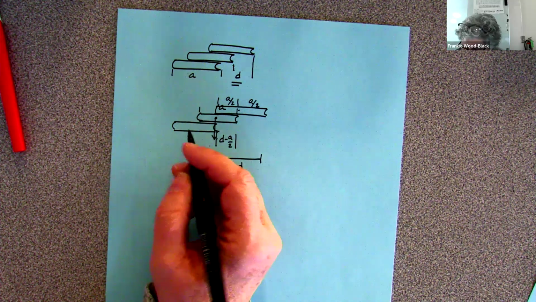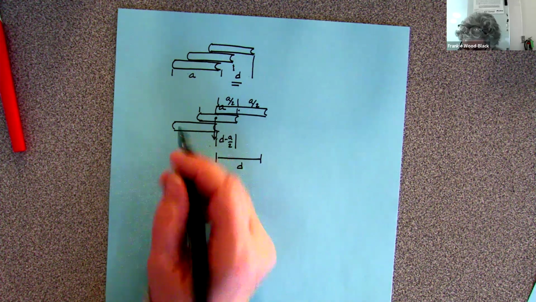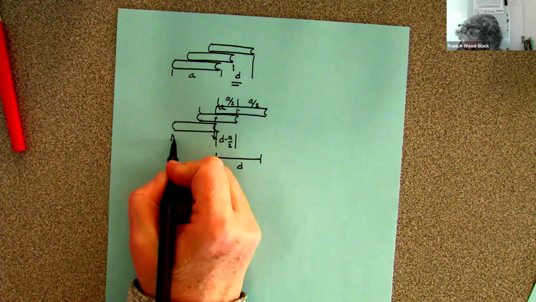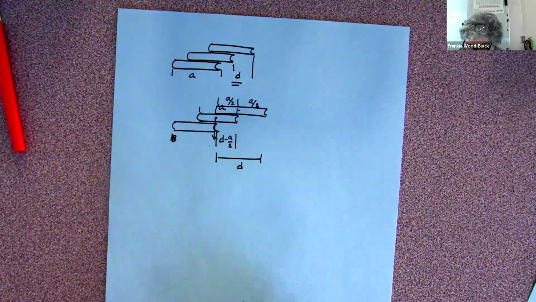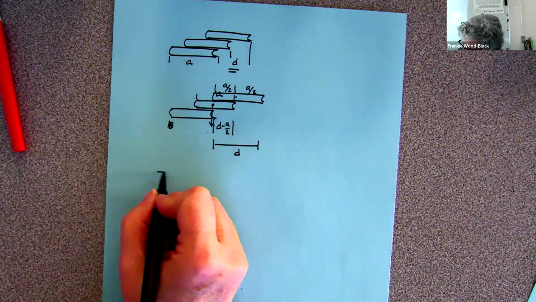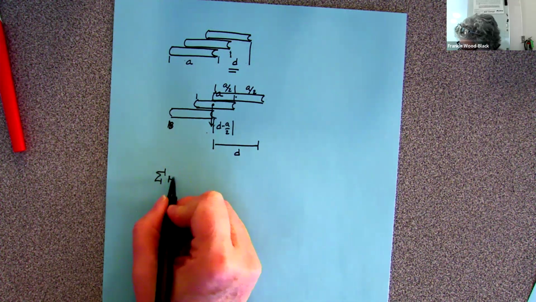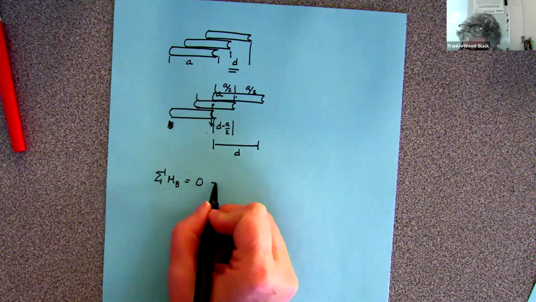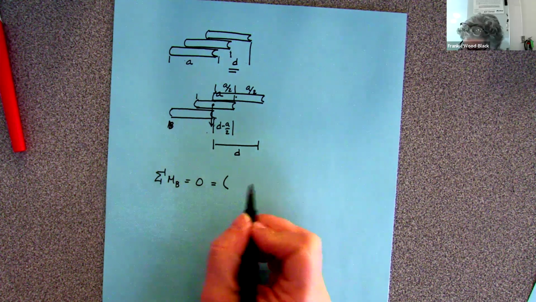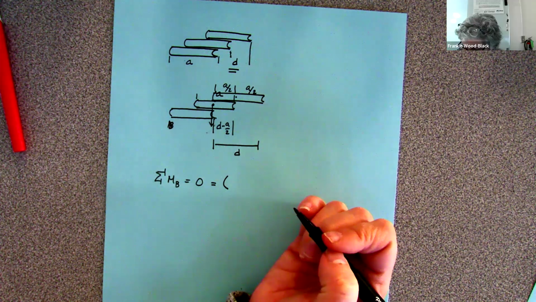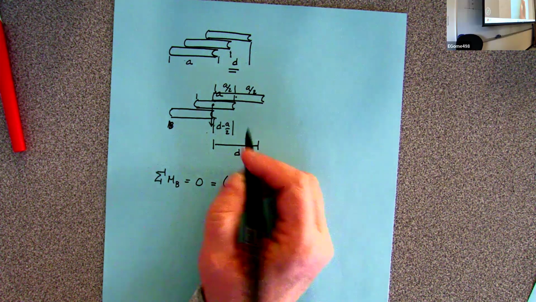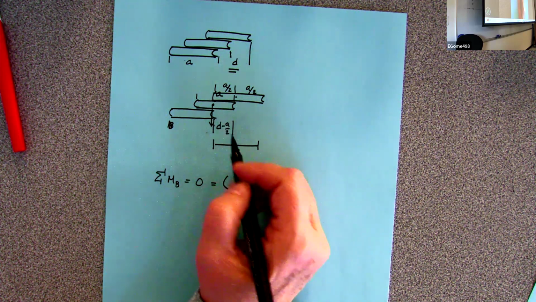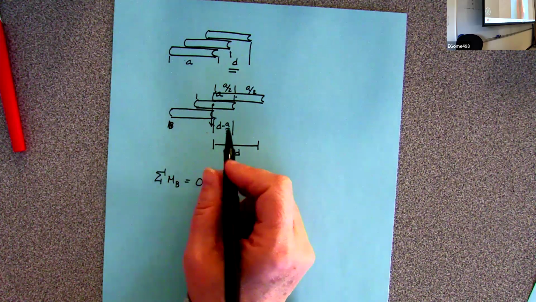If I start with my point, where this is B, the sum of my moments about B has to equal 0.